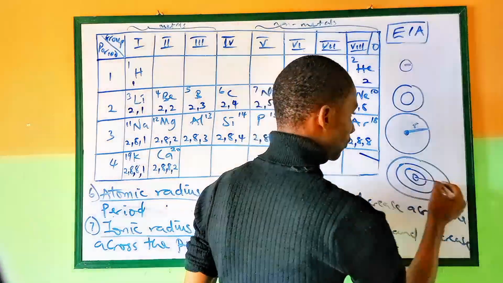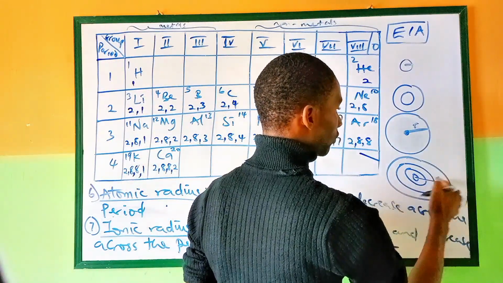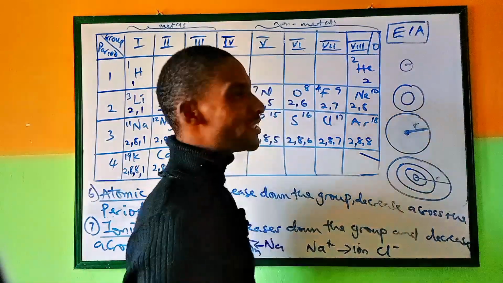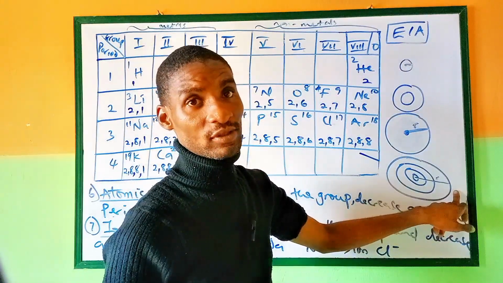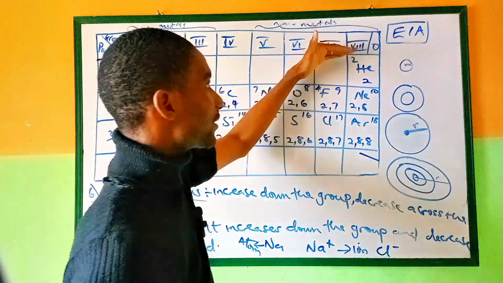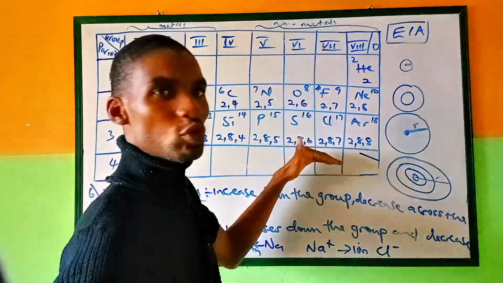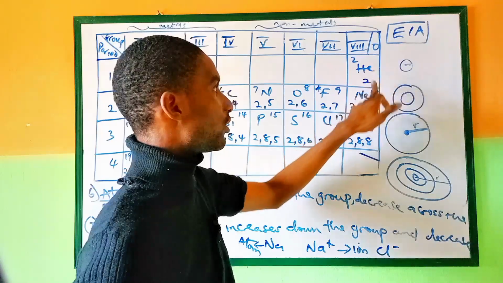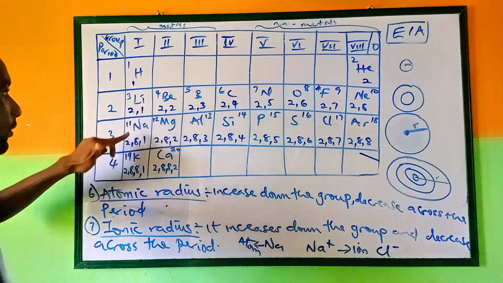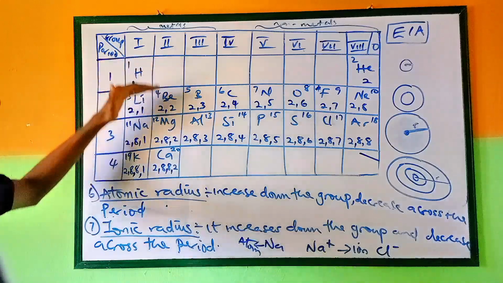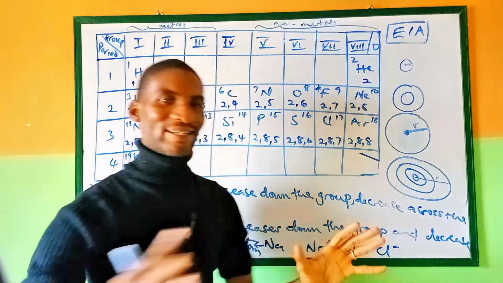So from here to here, compared to this, you will see that the one that has 4 shells has a bigger radius. What does that mean to you? As you come down the group, the shells increase, 1 shell, 2, 3, 4 shells. So as you come down, the radius increases.